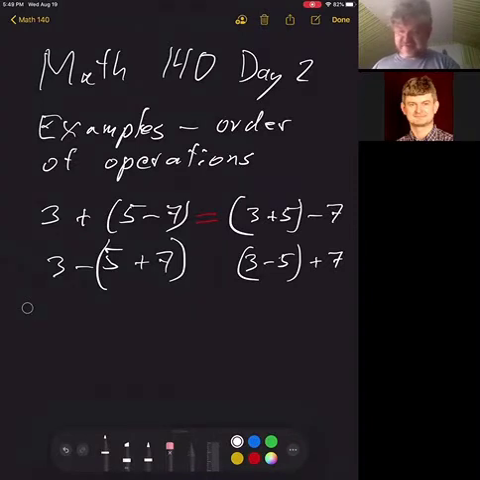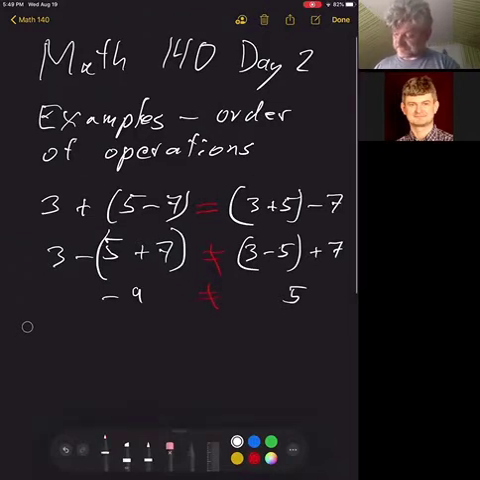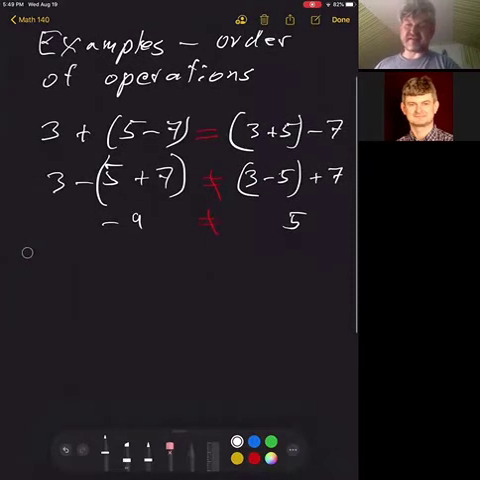On the left, we got 3 minus 12, which is negative 9. And on the right, you got 3 minus 5, it's negative 2, plus 7, that's plus 5. So they are different. So in the second example, the order of operations matters.